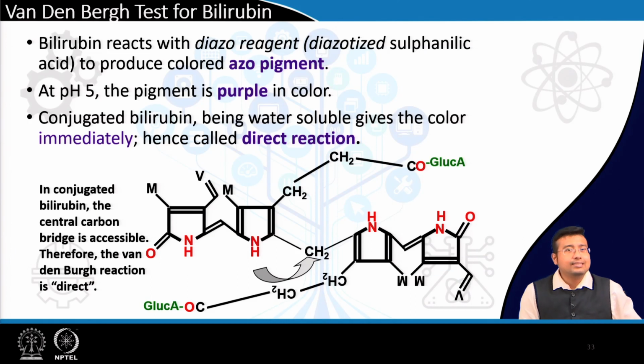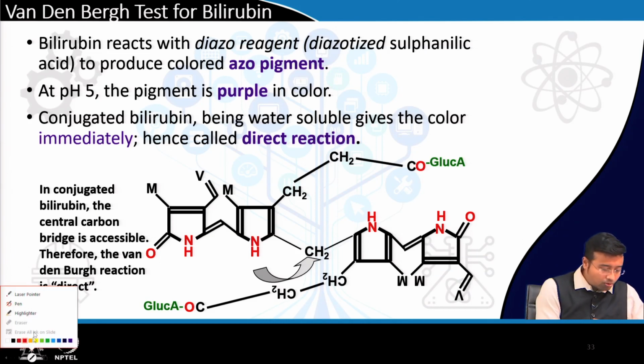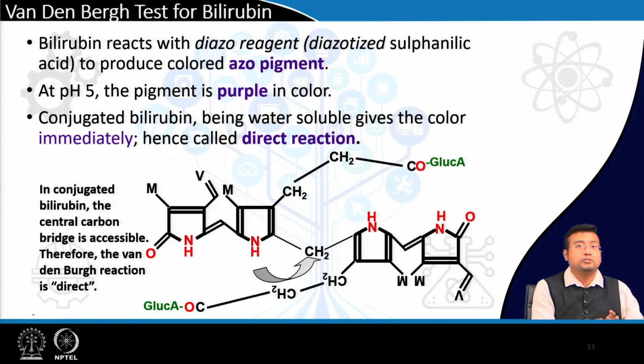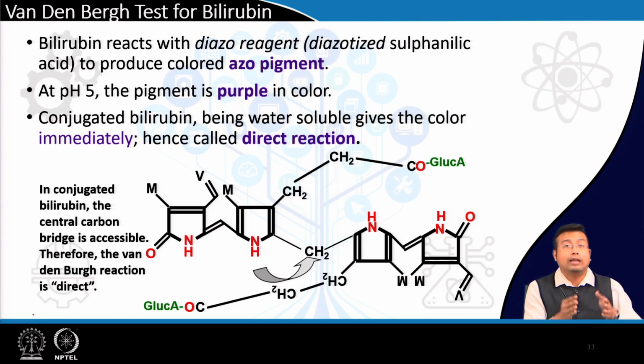Among all these tests that we have discussed, we need to know the theoretical aspect of Van den Bergh's test, because the other tests will be taught to you, I mean you need to perform them to detect either bile pigment or bile salt eventually in your practical examination.